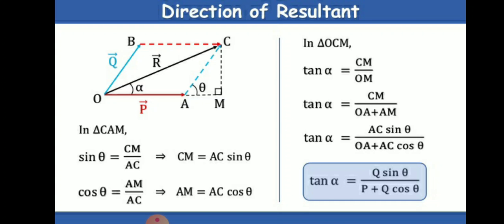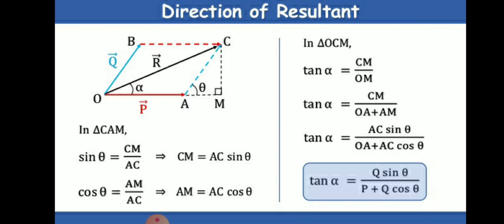Now we substitute CM is equal to AC sin theta and AM is equal to AC cos theta in the tan alpha equation. Therefore tan alpha is equal to AC sin theta divided by OA plus AC cos theta.